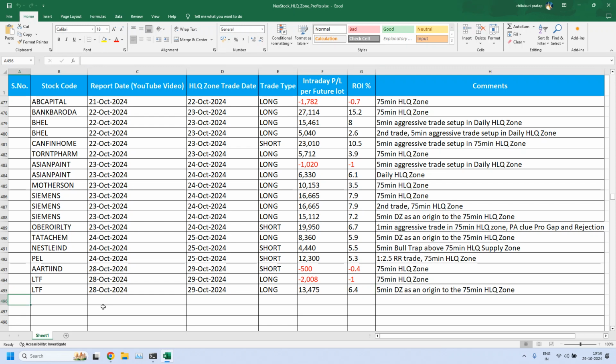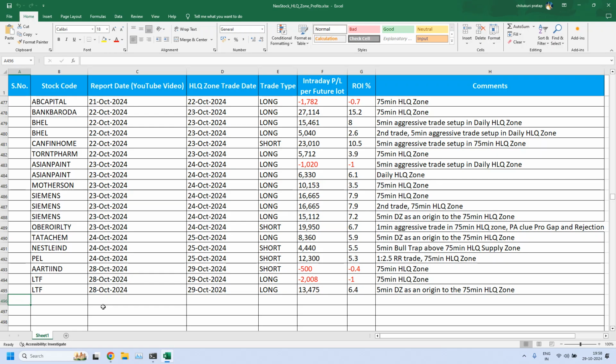So that is the reason why you should focus on all the concepts you learned. You have to focus on fine-tuning the zone. You have to focus on lower time frame zone as an horizon to the higher time frame. You have to focus on aggressive trade setups, where you have different price action clues. You should also focus on HLQ zones, any lower time frame HLQ zones.